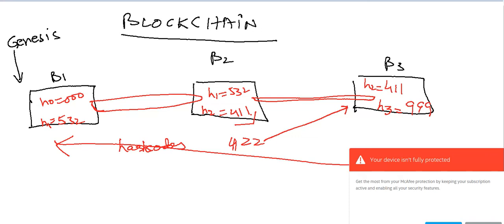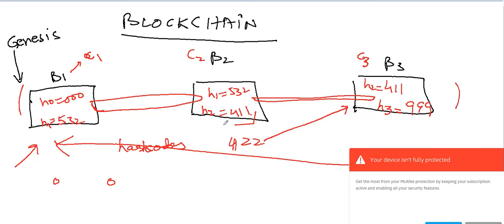It can also be seen as a database, but not a central database, rather a distributed database. Each of these blocks is coming from a node, computer 1, computer 2, and computer 3, and each of these nodes contains a copy of the whole blockchain from B1 to B3.